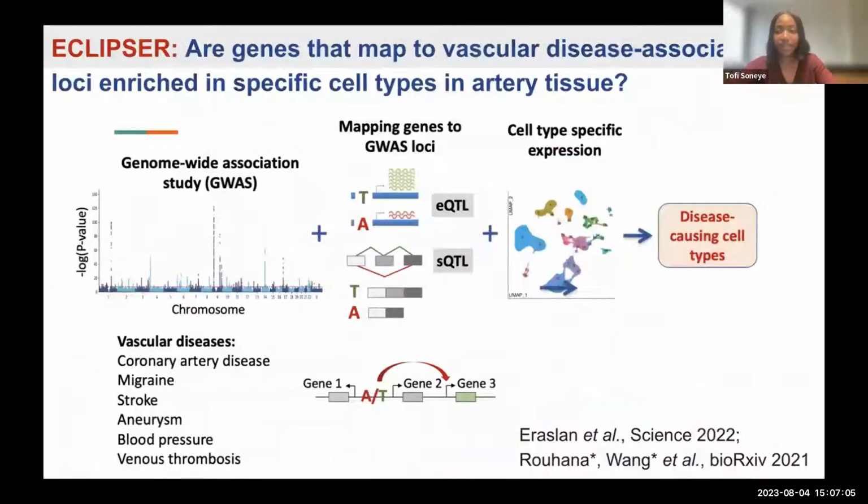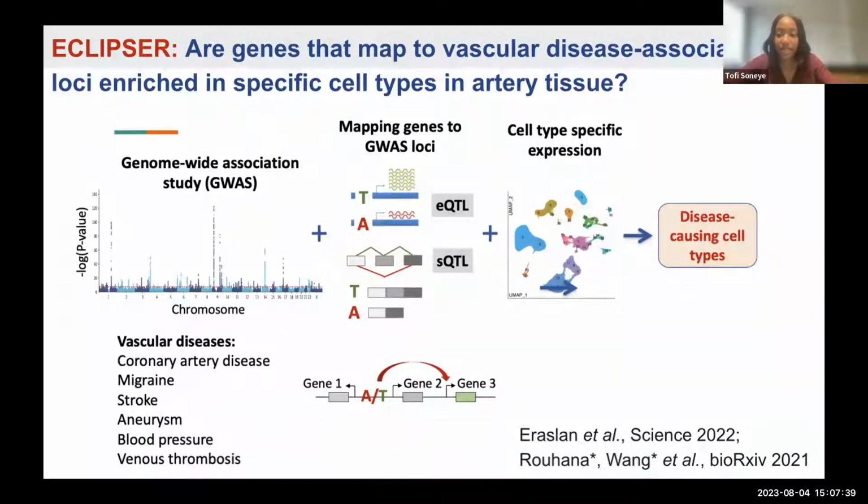So for the next step in our analysis, our question was really whether the genes associated with vascular diseases are enriched for expression in specific cell types in the temporal arteritis trait or disease. So we used this tool, which was actually developed by my host lab, the Segway lab, which is based on eQTL and tests for enrichment using a Bayesian Fisher's exact test.